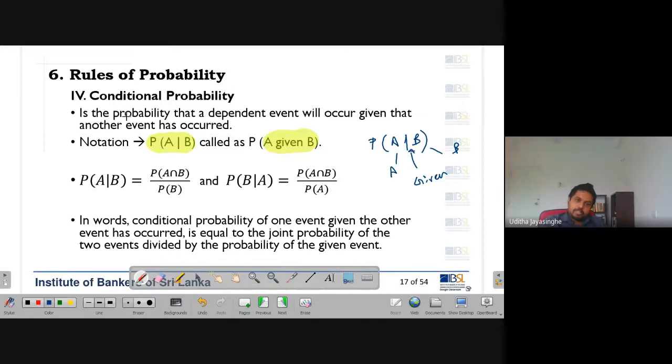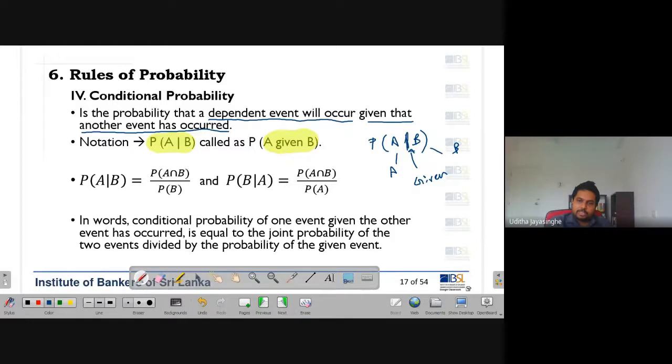The conditional probability is the probability that a dependent event will occur given that another event has occurred.